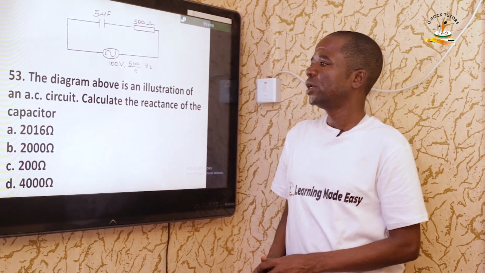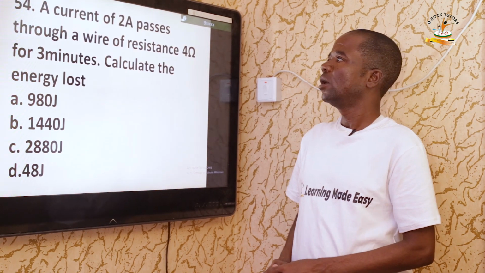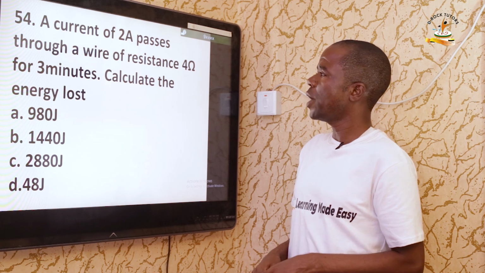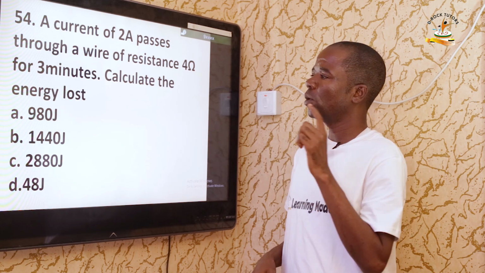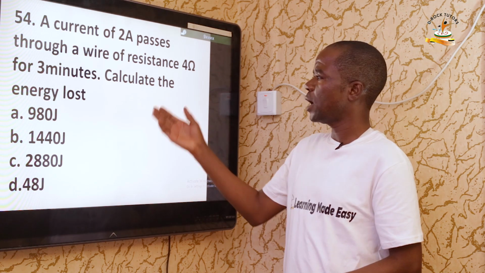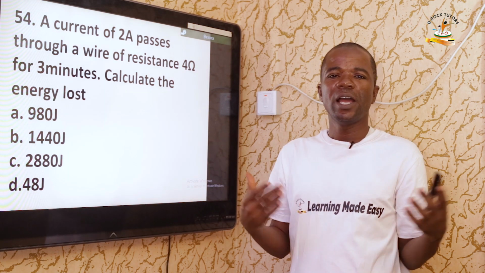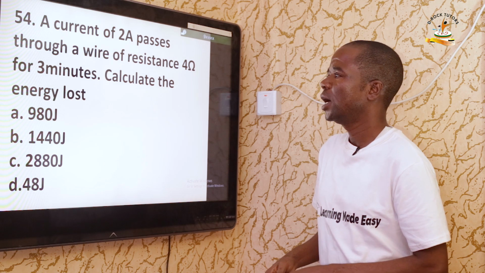Let's go to number 54, please. A current of 2 ampere passes through a wire of resistance 4 ohm for 3 minutes. We have to calculate the energy loss. Now, this is under electrical energy and power.